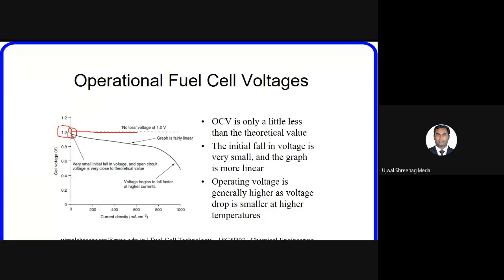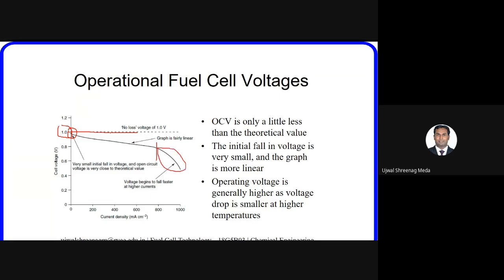That means the difference between the actual open circuit voltage and the theoretical open circuit voltage is minor, trivial in case of a fuel cell operating at a higher temperature. So again, from that point onwards, in the second zone, the drop in voltage is fairly linear, and again in the third zone, it is non-linear.